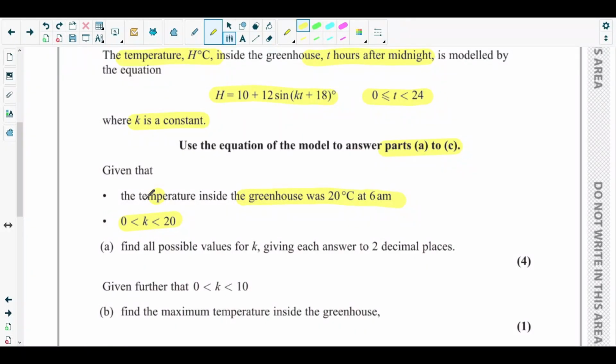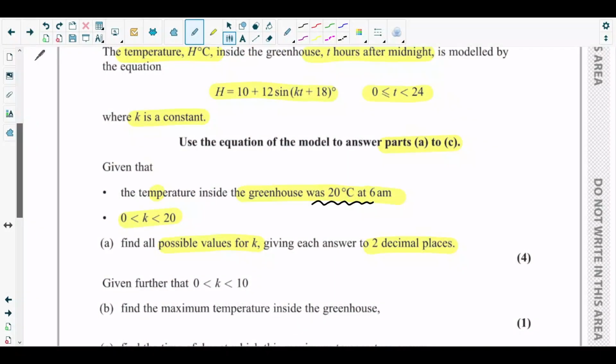Part A asks to find all possible values for K, giving each answer to 2 decimal places. To find the value of K, we will use this information: they said at 6 AM.